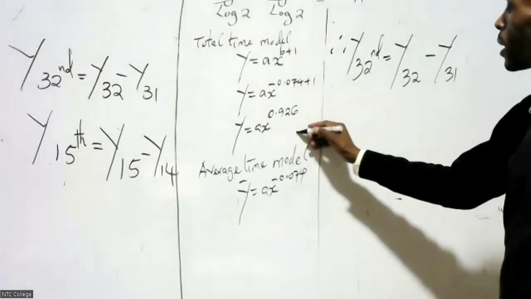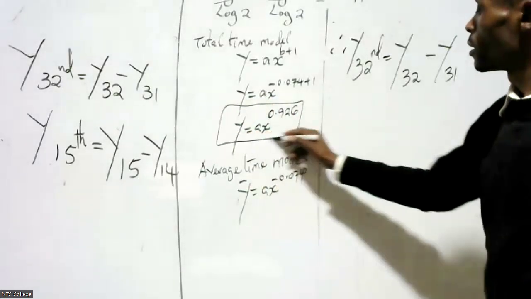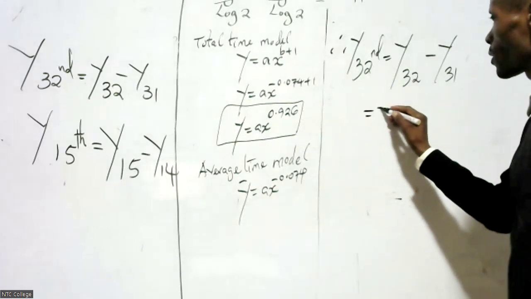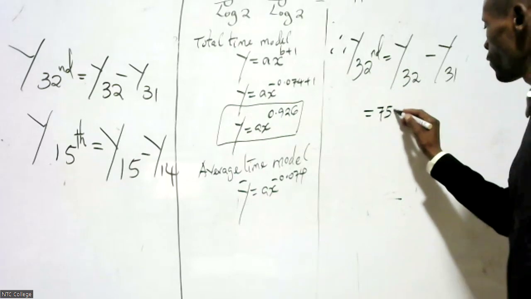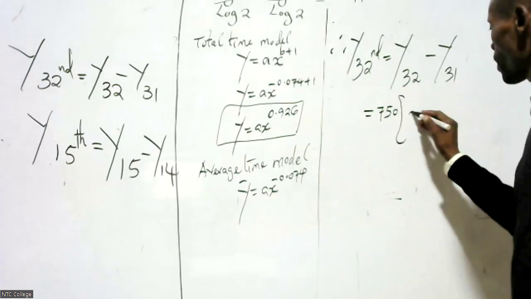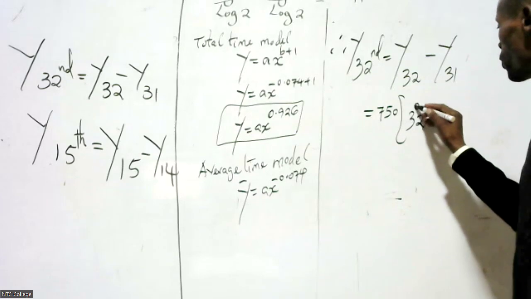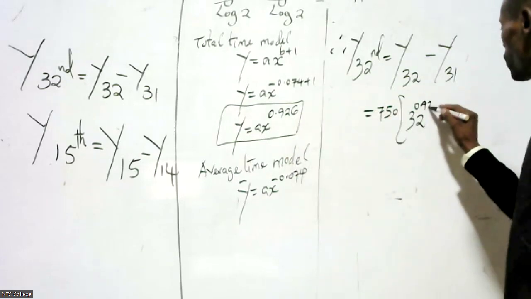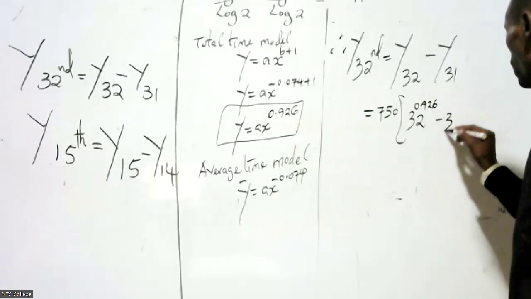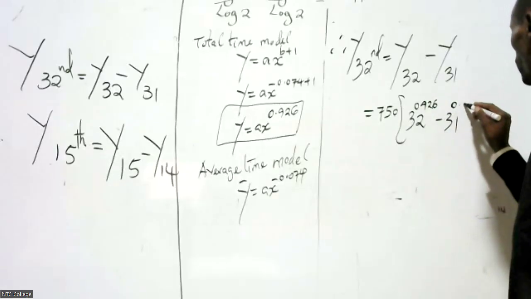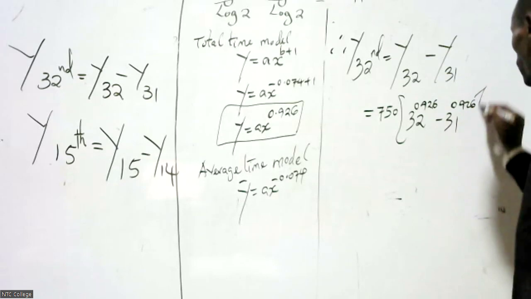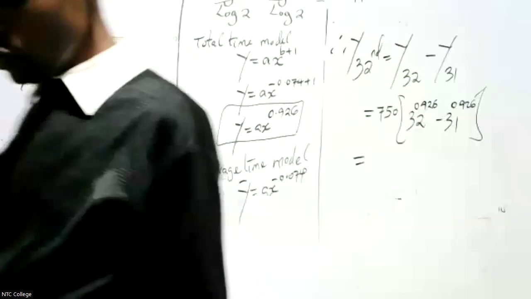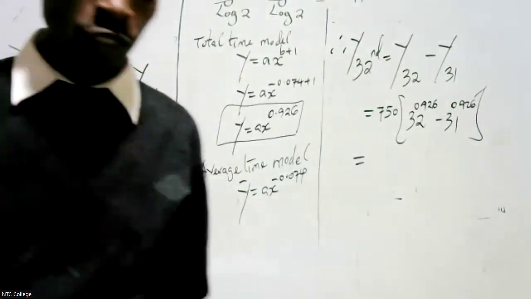The total time model is here. So plug the figures in the formula. So this one will be equal to time taken to produce the first unit, 750, into 32 raised to 0.926 minus 31 raised to 0.926. So what will be the total time to produce that particular 32nd unit?